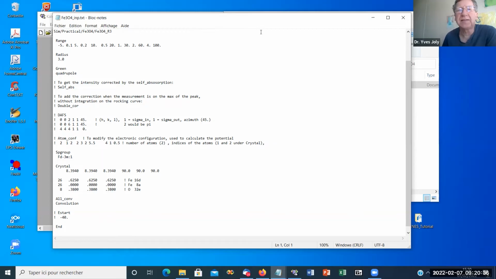Okay, so this in data file is ready. You can see now the radius will be important, and indeed we are going to check what happens versus the radius.